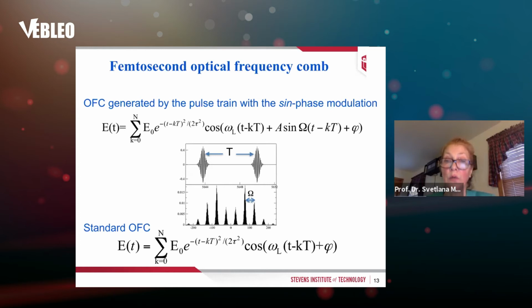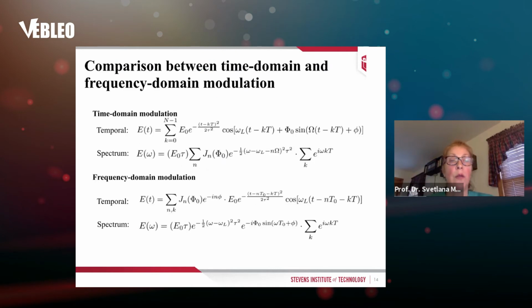Such modulation broadens the spectrum of the frequency comb significantly compared to the standard optical frequency comb shown at the bottom. We applied sinusoidal modulation of the phase starting from the time domain and starting from the frequency domain, and we observed the uniformity of the structure of the field and the interaction with the molecules.